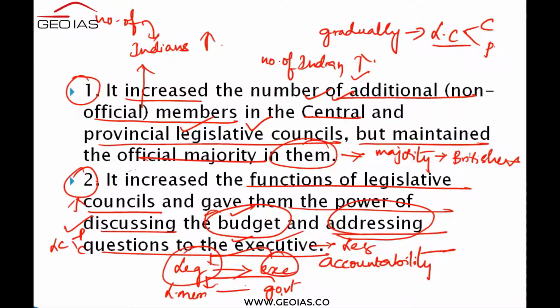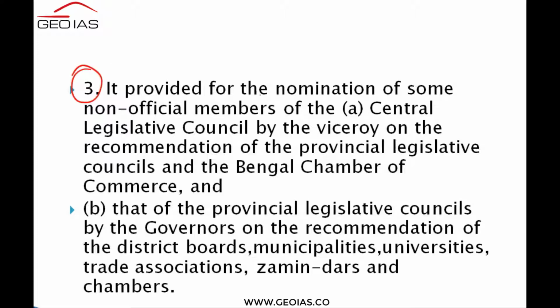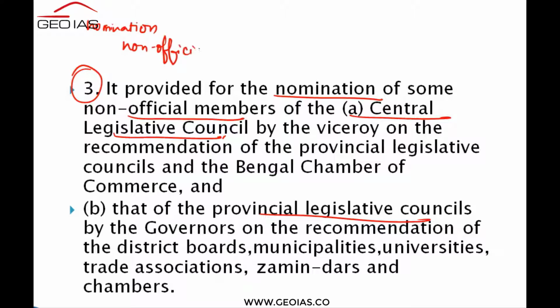As we move forward, the third provision says that it provided for the nomination of some non-official members at the central legislative council and provincial legislative councils also. Who nominates them? In the central legislative council these members are nominated by the viceroy, and in the provincial legislative council these non-official members were nominated by the governor.